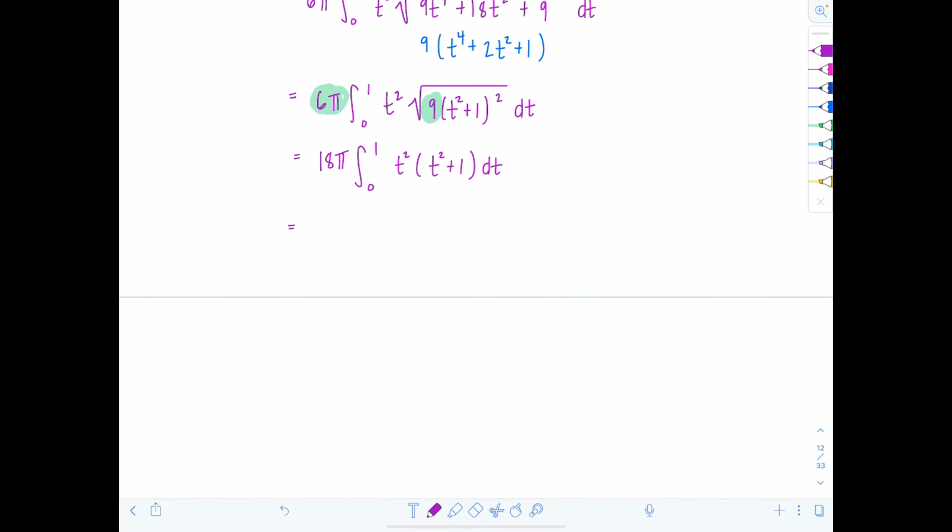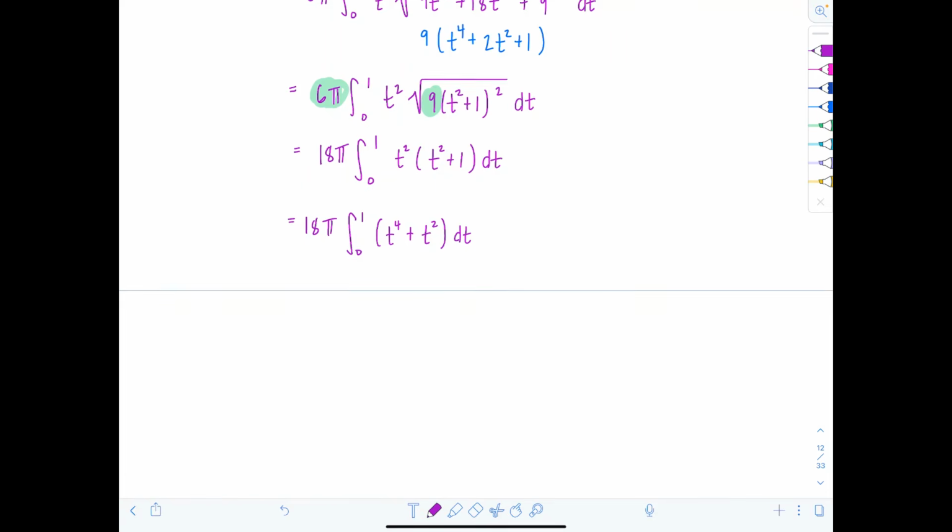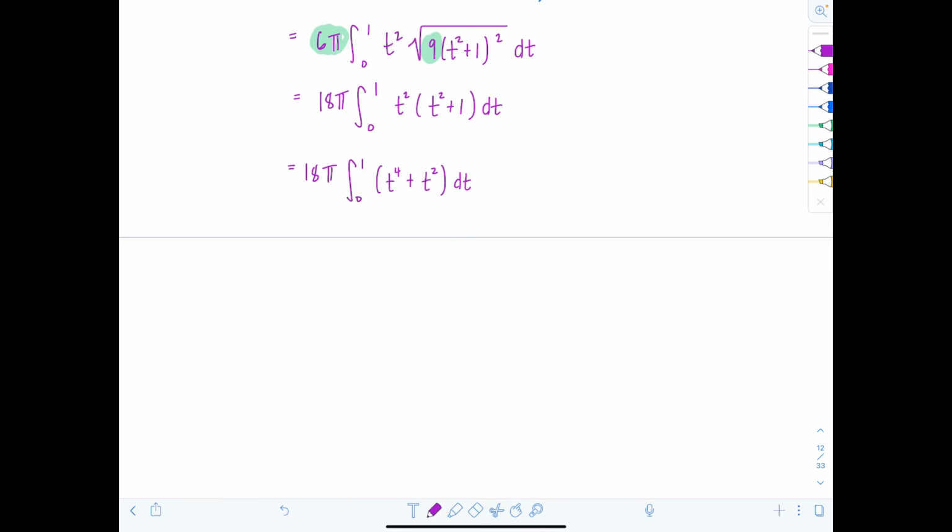So then we have 18 pi times the integral from 0 to 1 of t to the 4th plus t squared, dt. Now it's just a relaxing polynomial. We could anti-differentiate this in our sleep. So we've got 18 pi times 1/5 t to the 5th plus 1/3 t cubed from 0 to 1. 0 to 1 are some nice limits too.